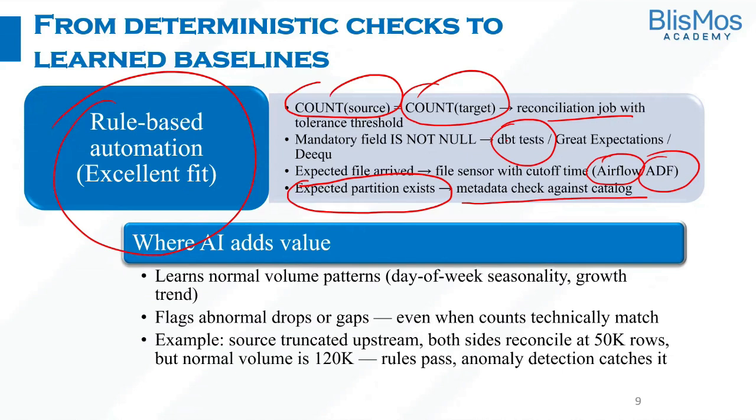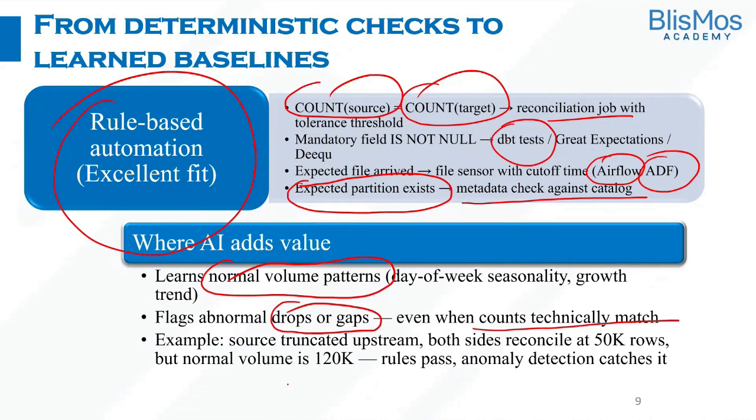Whenever a large amount of data is being migrated or transformed, AI can learn the normal volume patterns of a day or a week or a season, or depending upon the growth trend, and find any abnormal drops or gaps, even when the counts technically match.